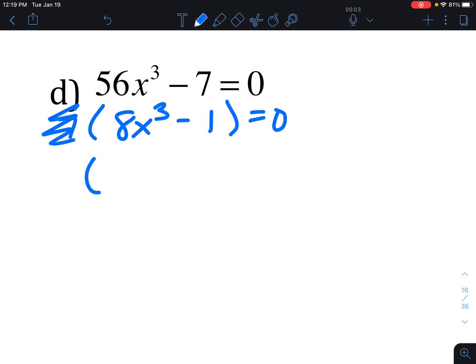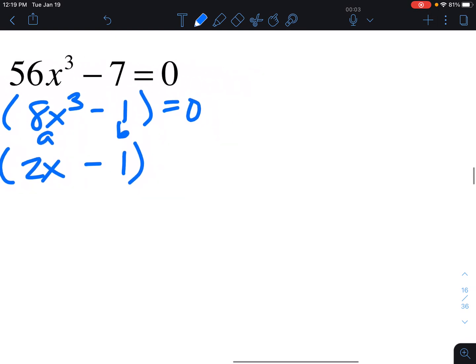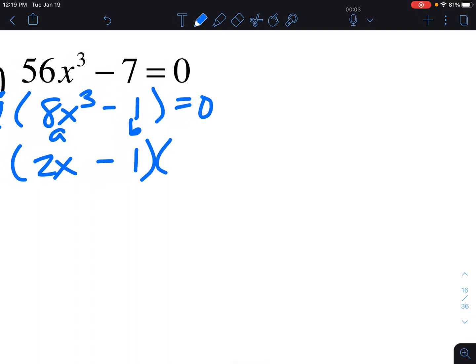So the a here is going to be 2x, then the b is going to be 1, and we're in the difference of cubes, so it's a minus b, and then a squared, plus a times b, 2x times 1 is 2x, then plus b squared, that's 1 squared is 1.